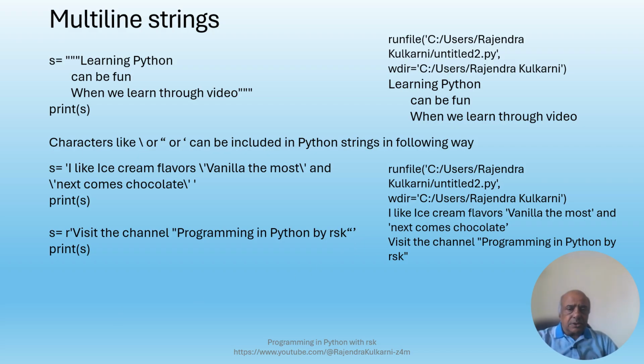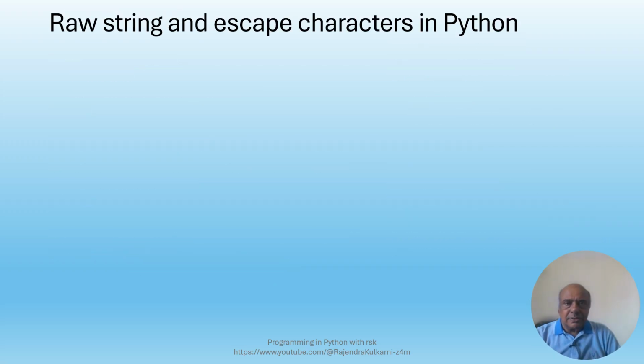But there are many disadvantages. We will see what those are. The preceding R stands for raw string. So in this slide, we will briefly see what a raw string is and how escape characters in Python can be used.